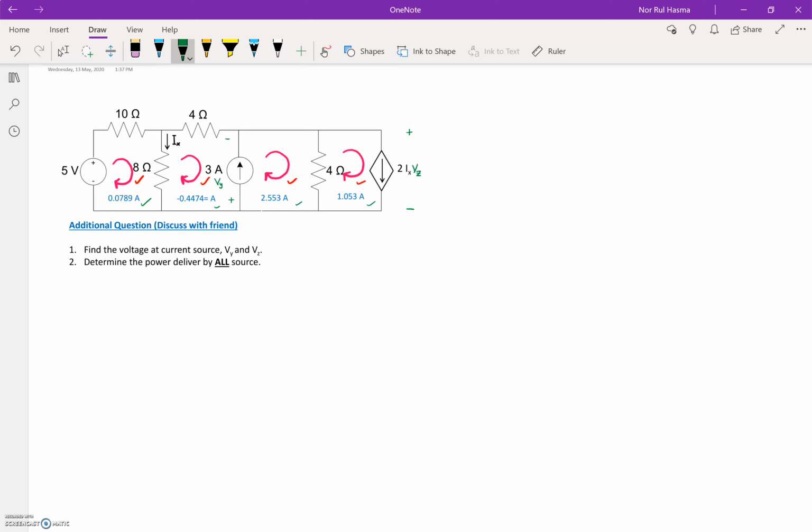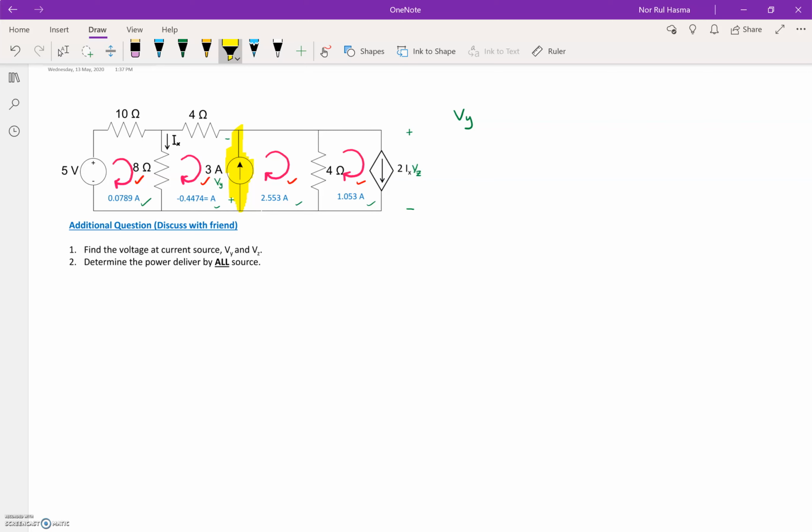So from the circuit, you can see that for the Vy, Vy is the voltage across the 3 mA source here.